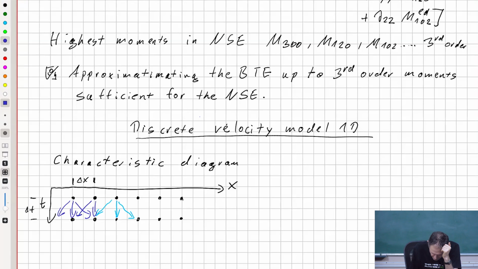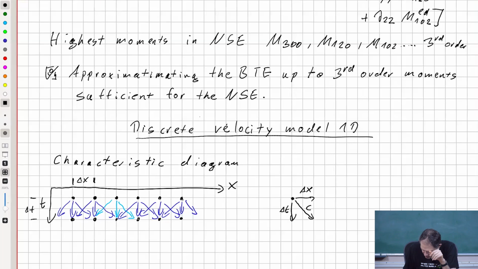So all of these nodes have particles or particle directions that go to their neighbors. Okay, so the idea behind this discrete model here is that you are moving in one time step one grid spacing, and you have a velocity c.